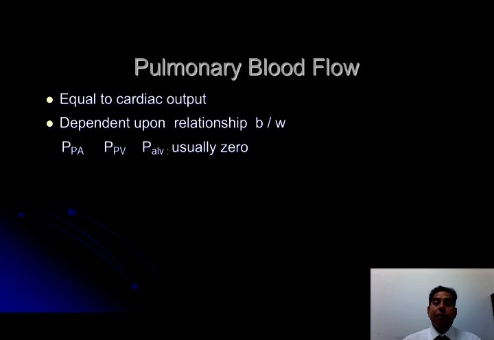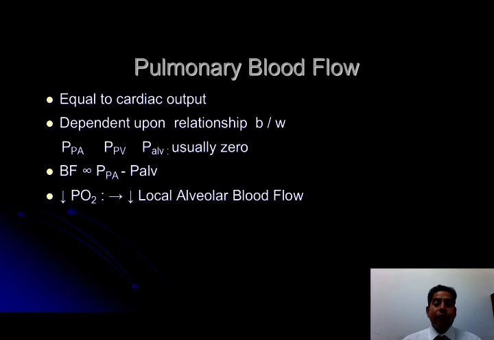The pressure in the pulmonary artery, which is denoted by PPA, the pressure in the pulmonary veins, denoted by PV, and the pressure in the alveolus, PL, which is usually 0. Now the blood flow is directly dependent on the pressure in the artery minus the pressure in the alveolus.